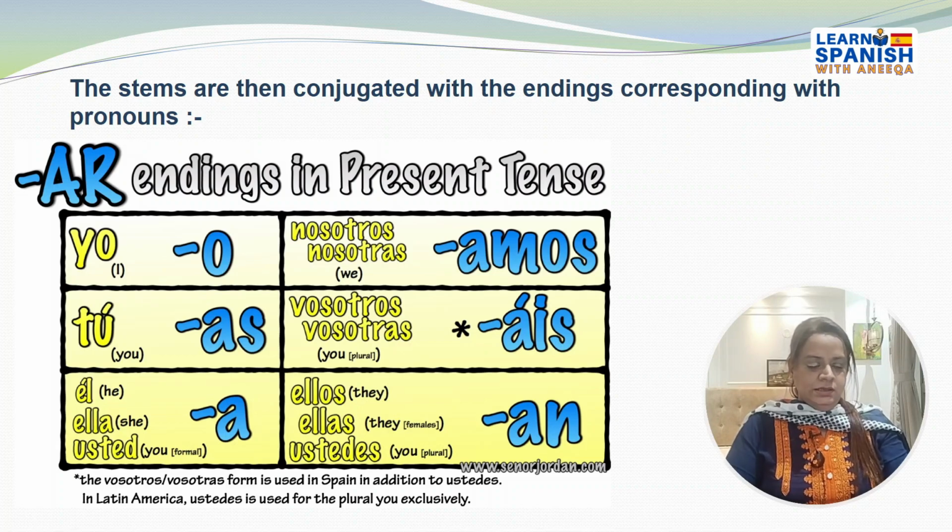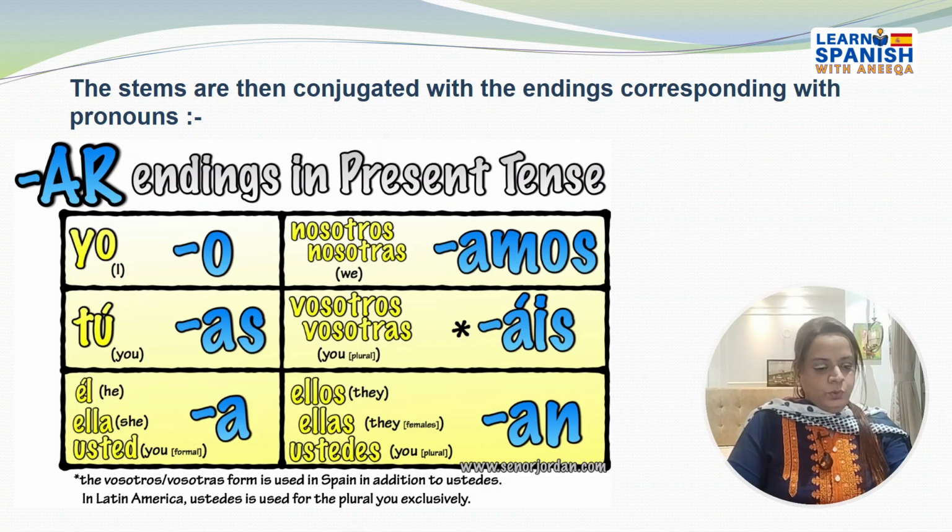Now let us see what are the AR endings in the present tense as per the pronouns. Like for example, yo is o, tú is as, él, ella, usted is a, plural nosotros, nosotras is amos, vosotros, vosotras is áis.